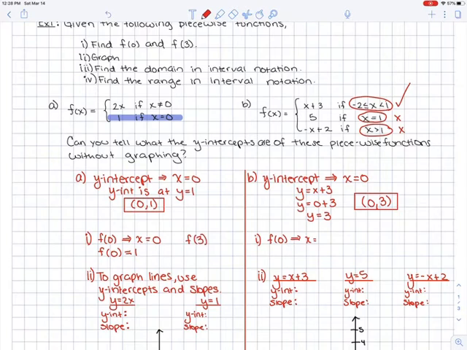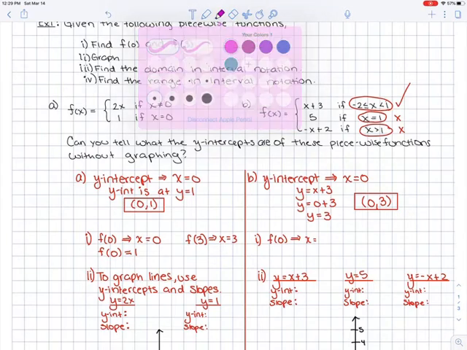Okay, let's go back to our piecewise function. Where is x equal to 3 defined? Is it for y equals 2x or is it for y equals 1? If you said y equals 2x, then you are correct.